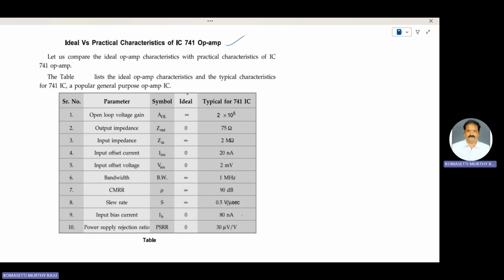These are the ideal characteristics, and these are the practical characteristics of the 741 IC op-amp. Ideal means either 0 or infinity. Practical means some values. These are the practical values, and these are the ideal values of the operational amplifier.